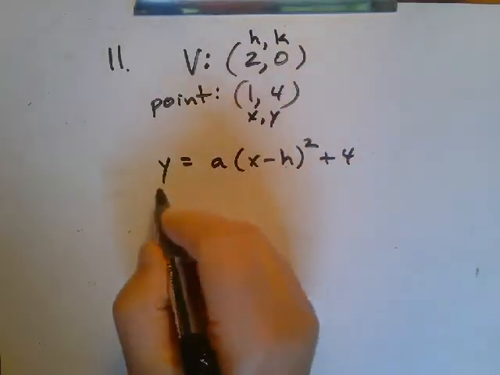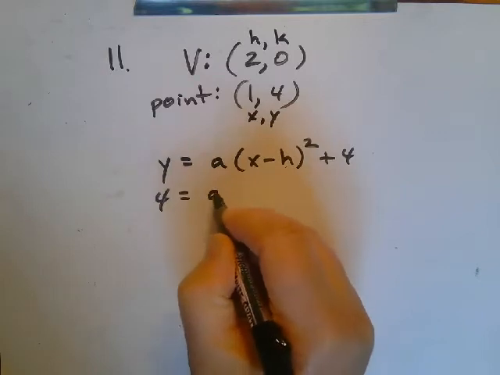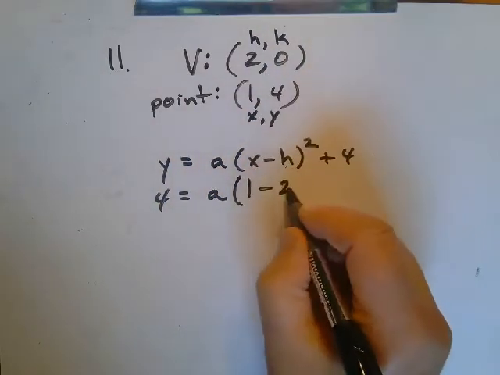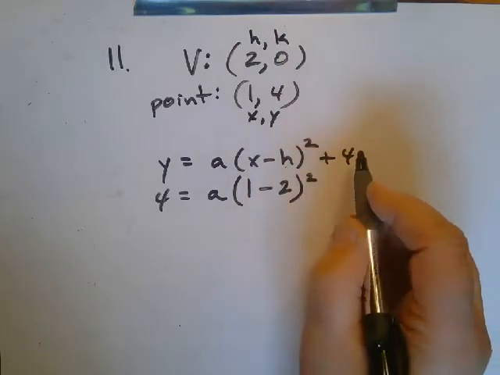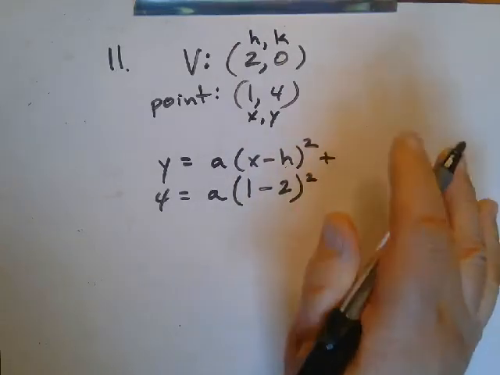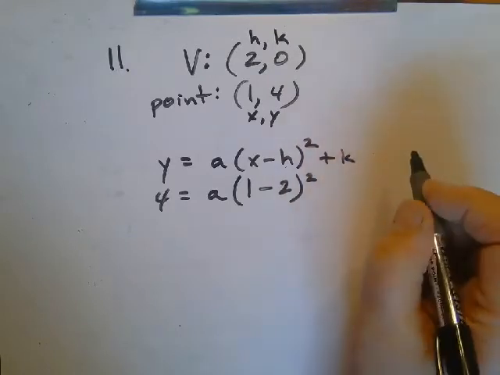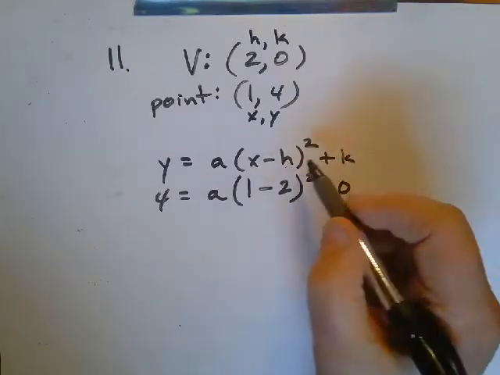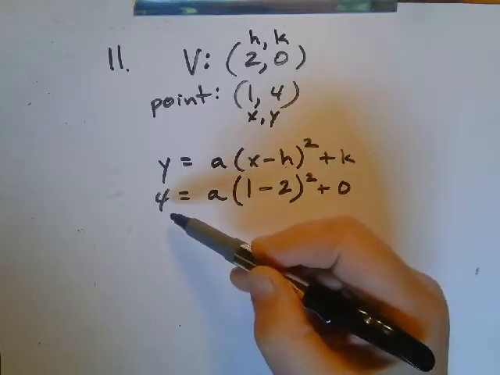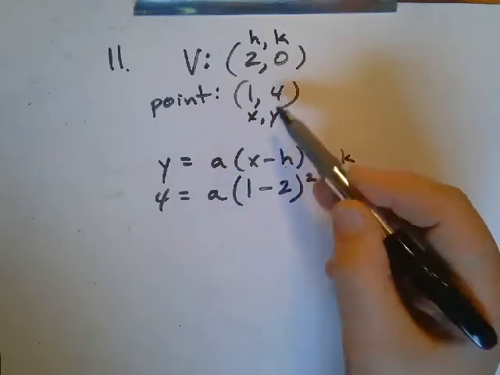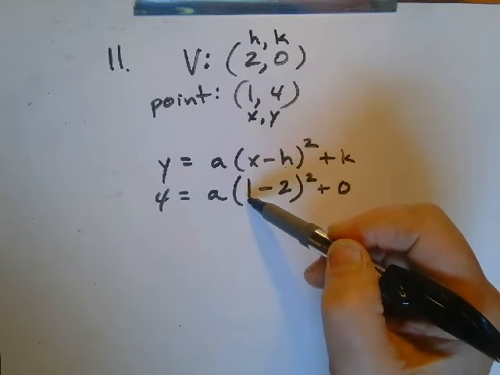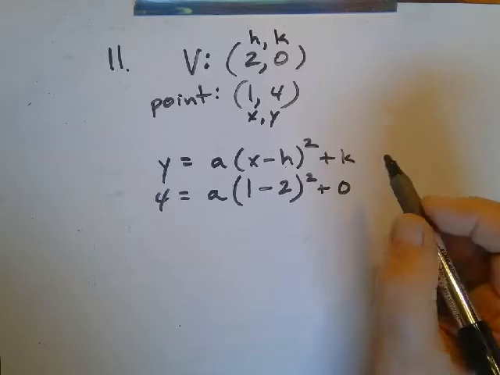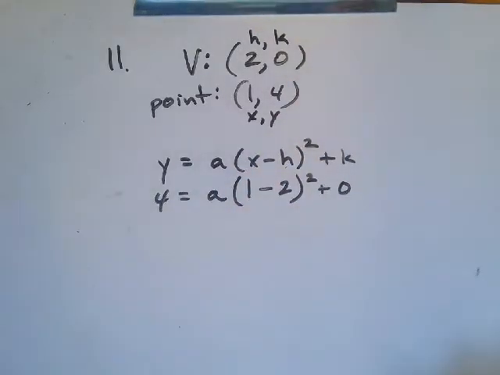Well, y is 4, a is what we've got to find, x is 1, h is 2, and well, that's not supposed to be 4 there, it's supposed to be k, and k is 0. Okay, let's check it again. y is 4, x is 1, h is 2, k is 0. So you're just going to plug all those in, and a is the only one you don't know.